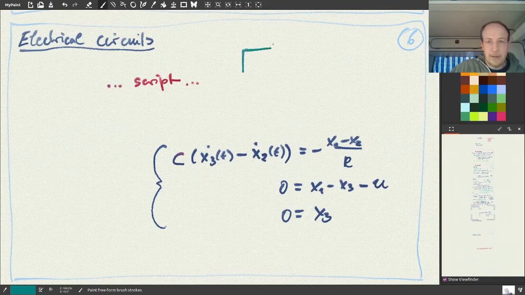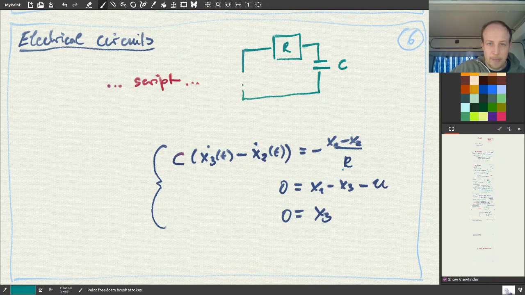This was a very simple circuit with a resistor here, so this is the R. Then there was a capacitor with the constant C. Here one can apply a source, and then this goes through a resistor and into the capacitor, and interacts here, so this will give you a dynamical system.